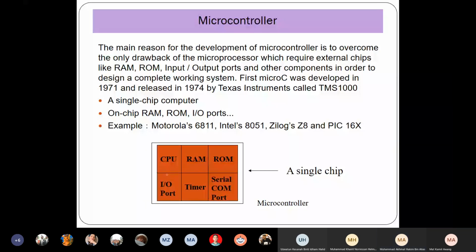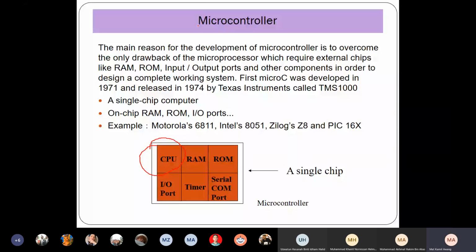A processor is basically an IC, an integrated circuit, but it has certain components in it. A microcontroller or microprocessor must have a CPU. Without the CPU, it's not a microcontroller or microprocessor.